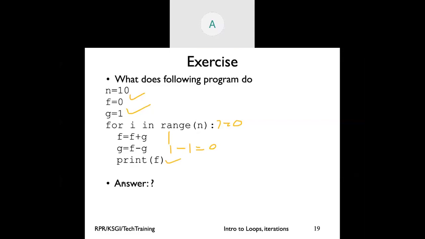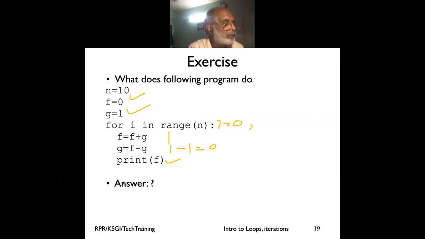You go back, i is equal to 1. f becomes f plus g. Next loop, f is 1 and g is 0, so f becomes 1 plus 0 is equal to 1.